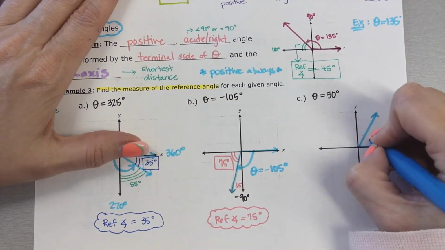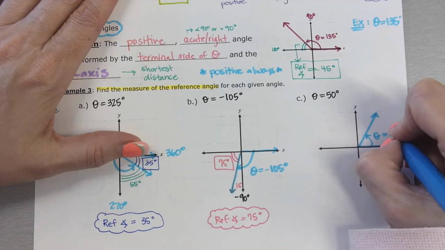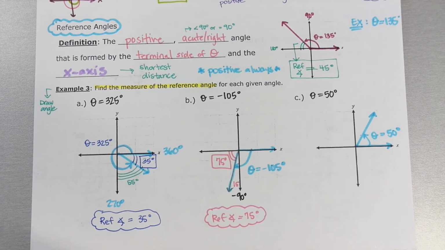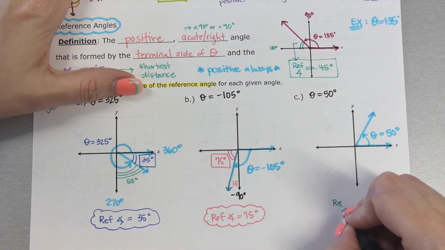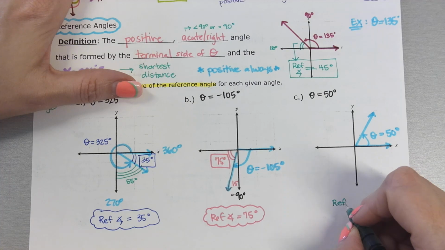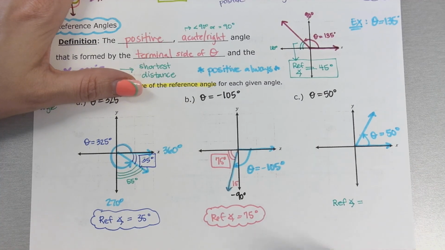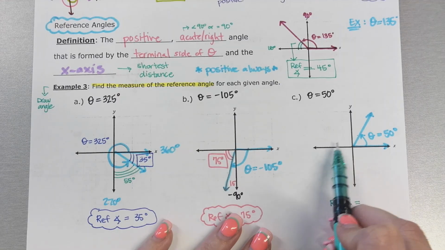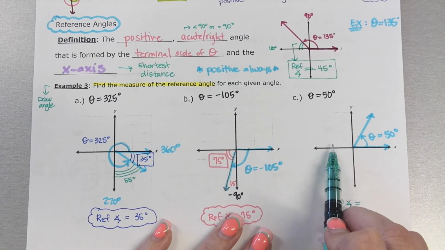Okay, so if this is our theta, we are trying to find the shortest distance to the x-axis. What is our reference angle? The one that's the shortest distance. So if we went to the left side, see how that would be bigger than 90?